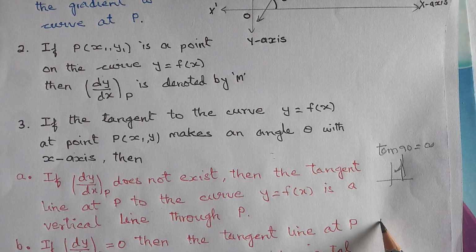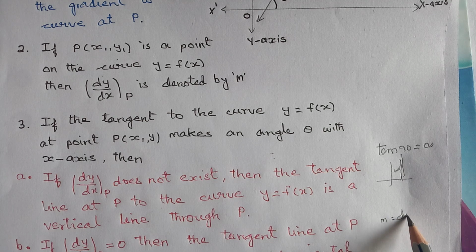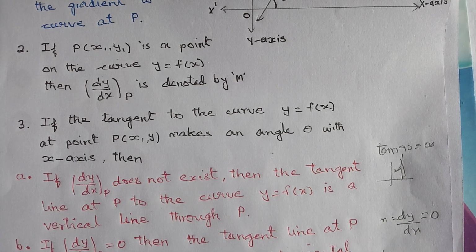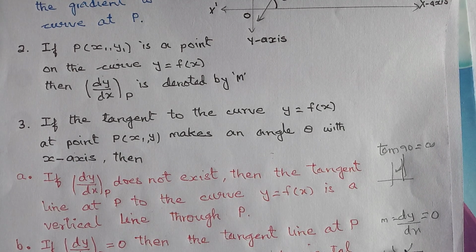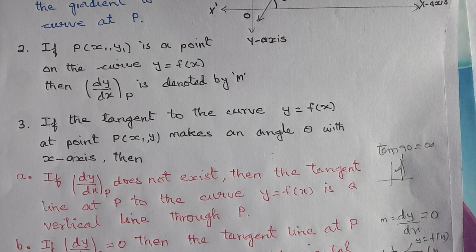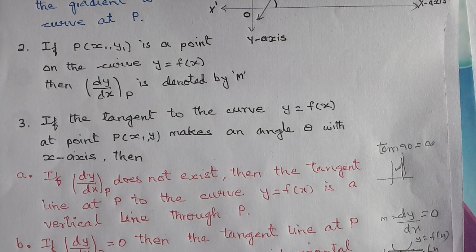Suppose the slope m equal to dy by dx equals 0. Then the line touching the curve f of x at P is parallel to the x-axis. It is called a horizontal line.